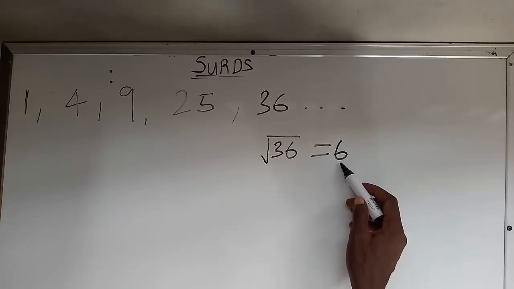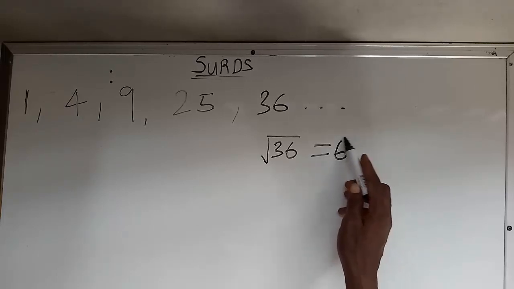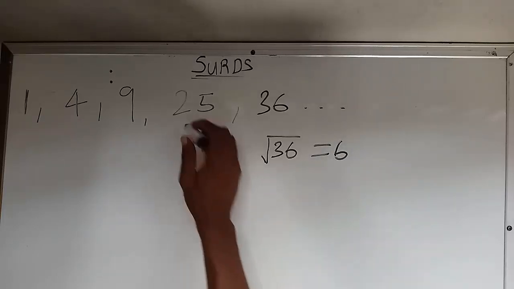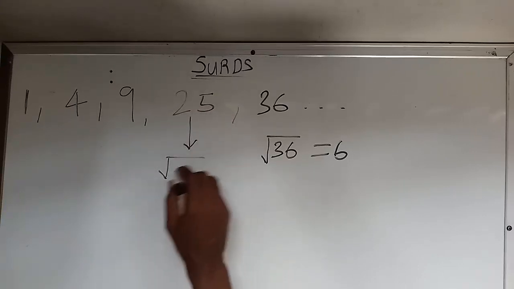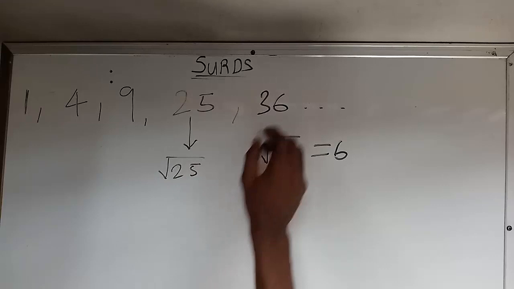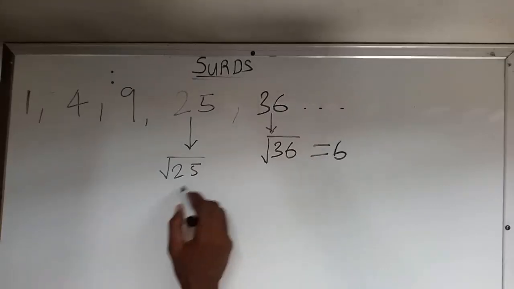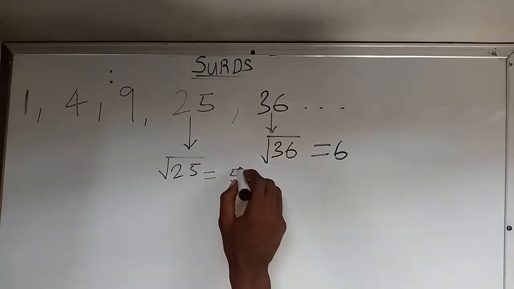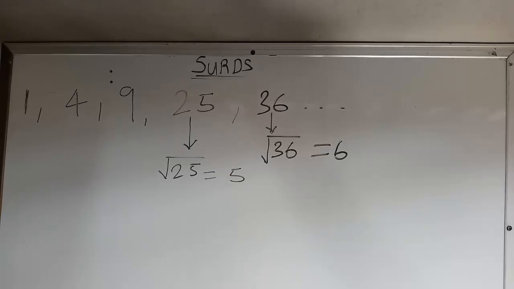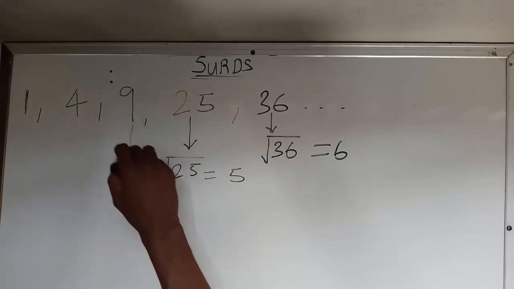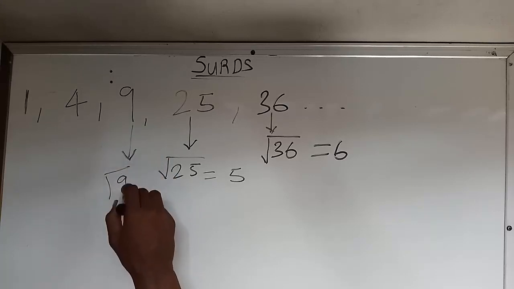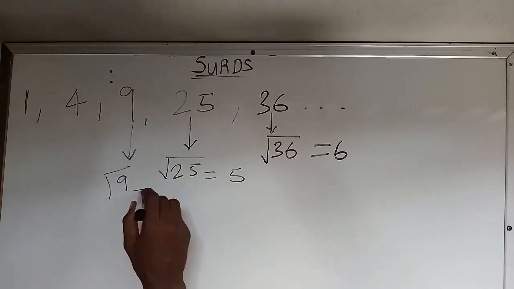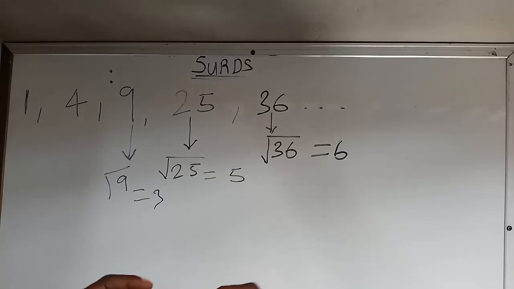This is an exact value. If you take the square root of 25, you get an exact value. The same way, if you take the square root of 9, you get an exact value, which is 3.